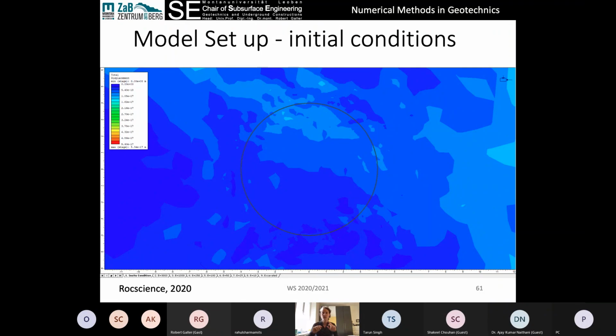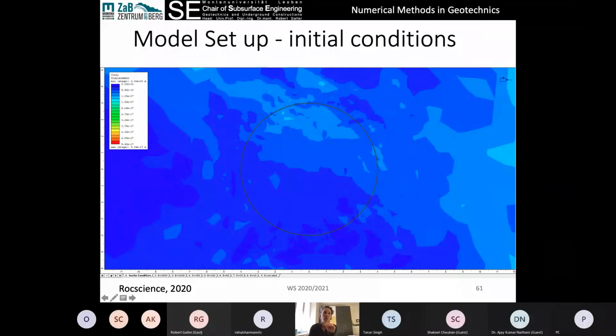Obviously, the elements aren't actually moving, but mathematically they are. They're shifting around a little bit during that initial solving, and that's just mathematical junk. We don't want that in our results. So we do this initial run, and here's an example showing contours of deformation, and we haven't done anything to our model yet. This is just numerical junk. We don't want that there.